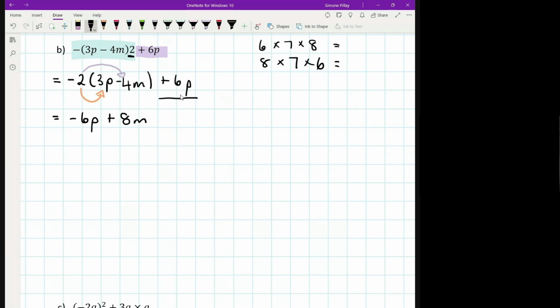Can I simplify that anymore? No, ma'am. So I'm just going to bring it down. Happy? Yes, ma'am. Cool. Now what? Now I think I add my like terms. Good job. What's like terms? -6p and positive 6p, which give me what?